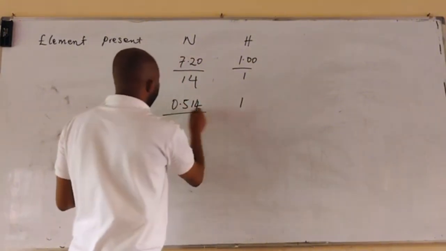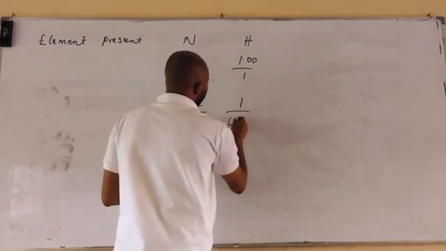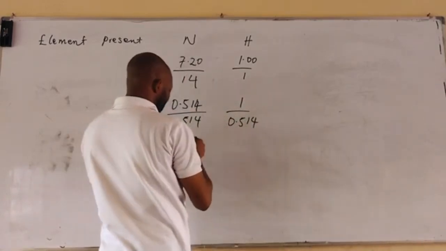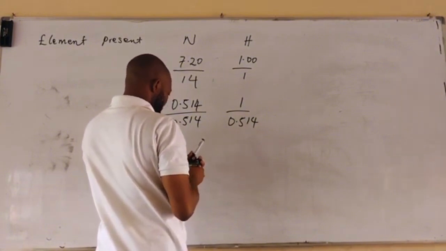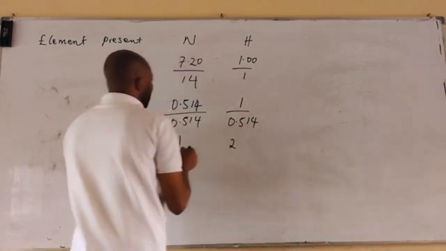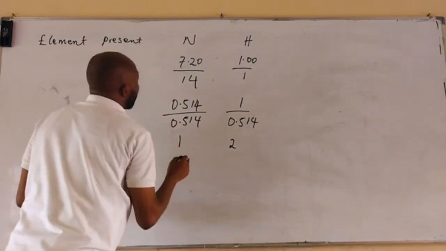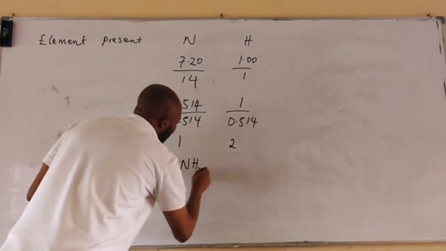Divide both by the lowest, which is 0.514. 0.514 divided by 0.514 gives me 1, and 1 divided by 0.514 is 1.9, approximately 2. So now my empirical formula is nitrogen 1 and hydrogen 2.